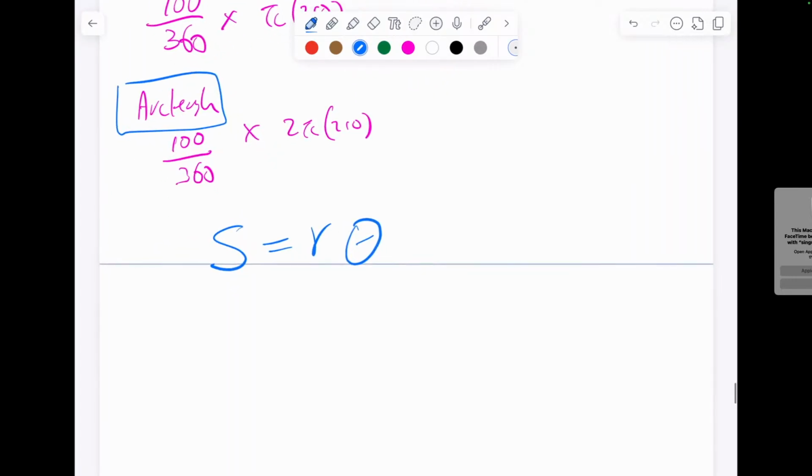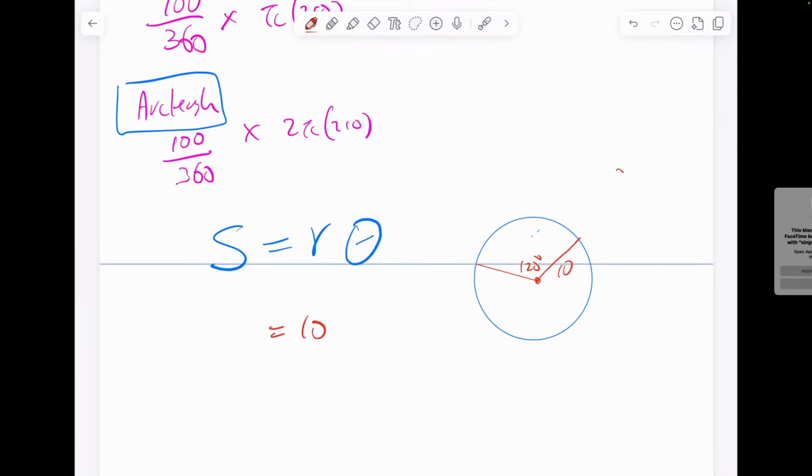Let's say I have a circle, and the radius is 10 and the angle is 120 degrees. All you have to do is plug in the 10 for the radius. This one has to be in radians; it cannot be in degrees. So what's 120 degrees in radians?